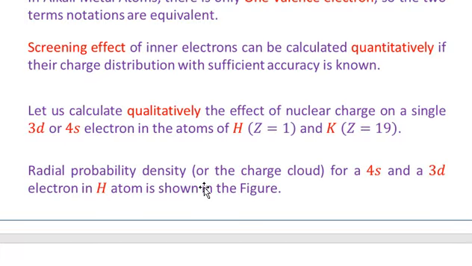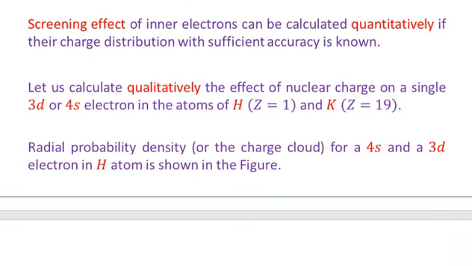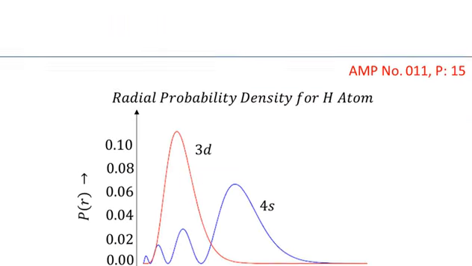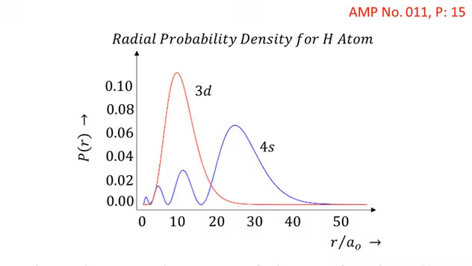The radial probability density, or the charge cloud density, for the 4s and 3d electrons in the hydrogen atom is shown in the next figure. This is the probability density for the hydrogen atom for these two particular electrons, normalized with the Bohr radius a0.